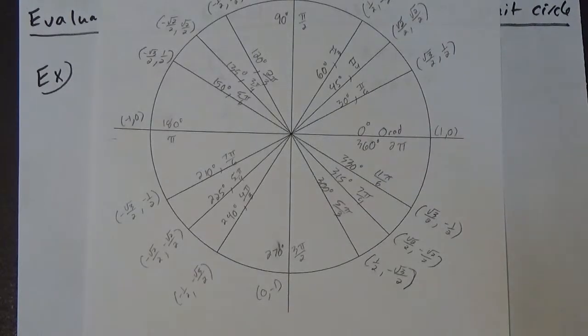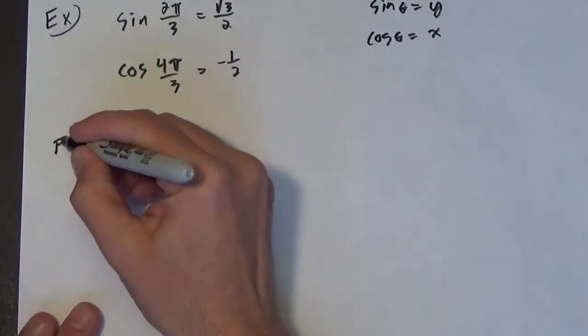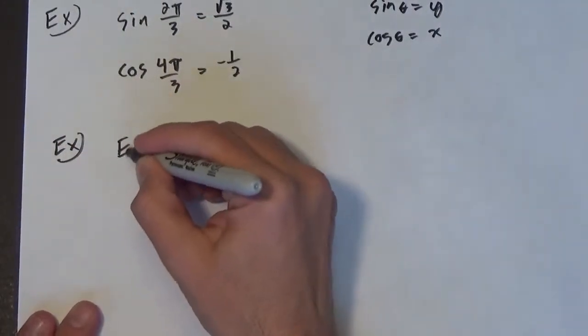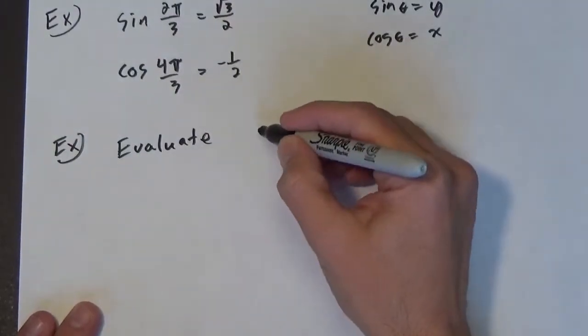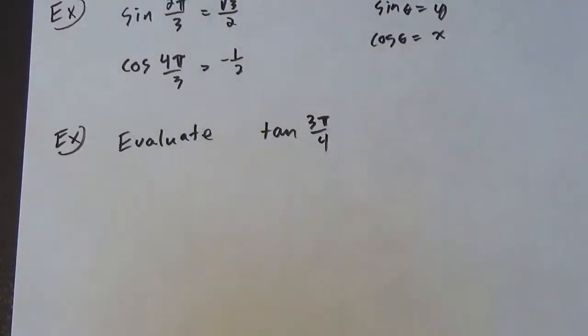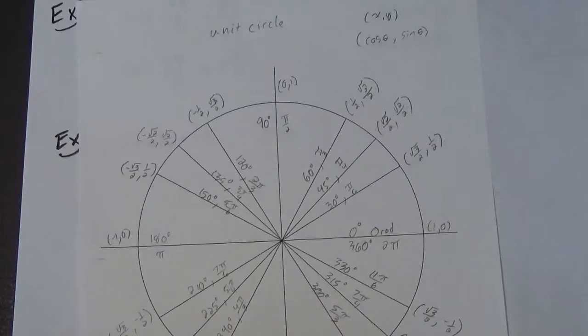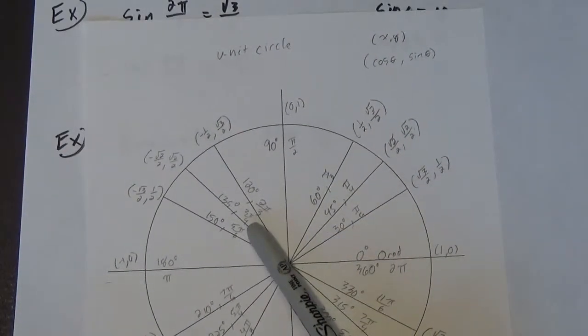Now let's look at the other 6 trig functions. Let's say I want you to evaluate the tangent of 3 pi over 4. Now at first we look at 3 pi over 4. Where is that? 3 pi over 4 is right here.